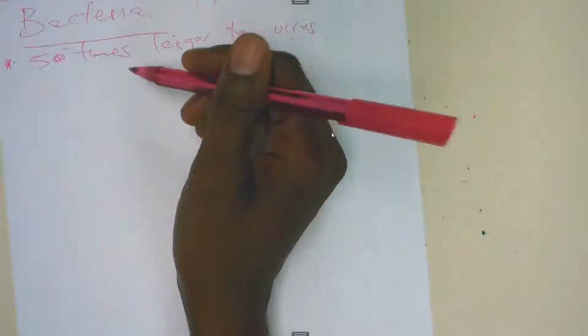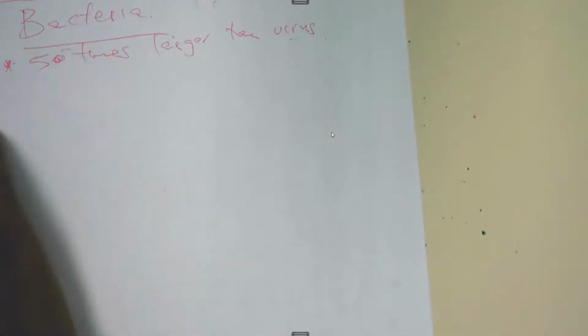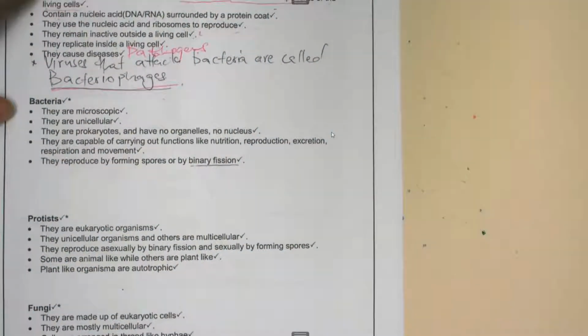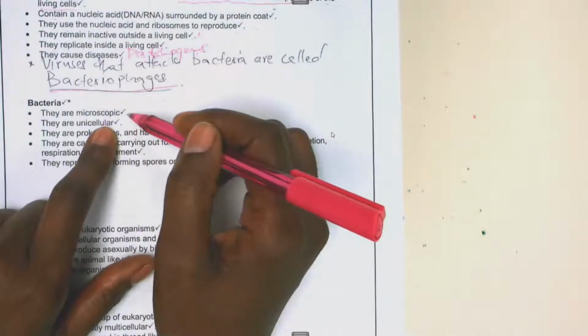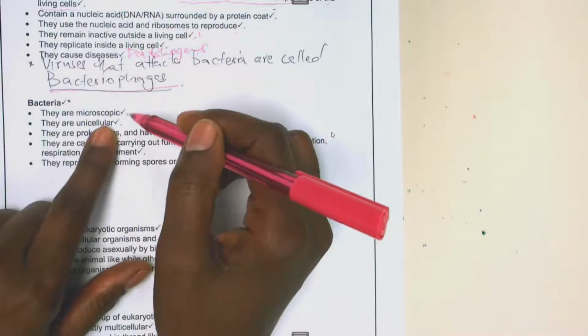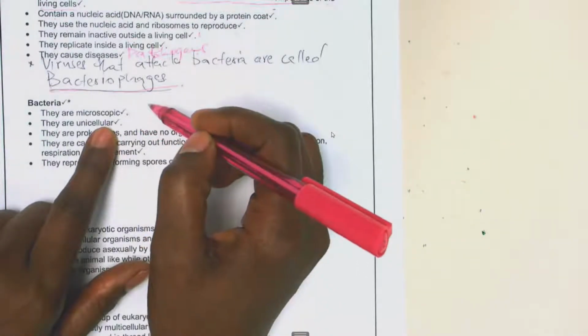So bacteria are found everywhere in the air, soil, and water. So let us look at the general characteristics of bacteria. So here they are. They are microscopic, so it means that we can't see them with our naked eye. So we have to make use of the microscope for us to be able to see them.